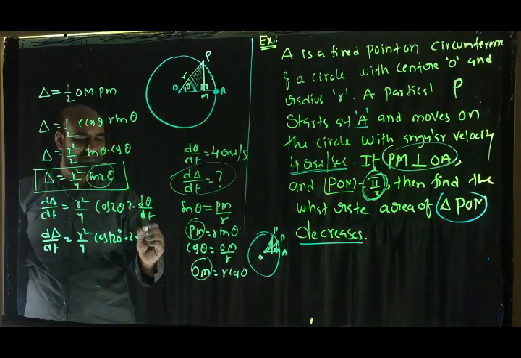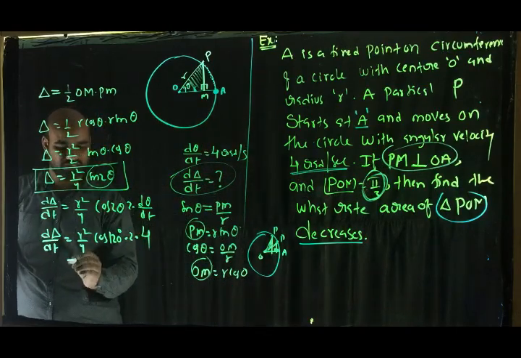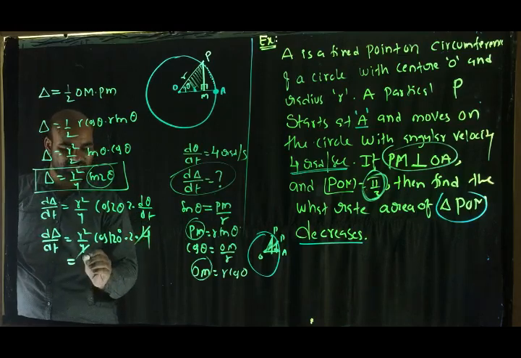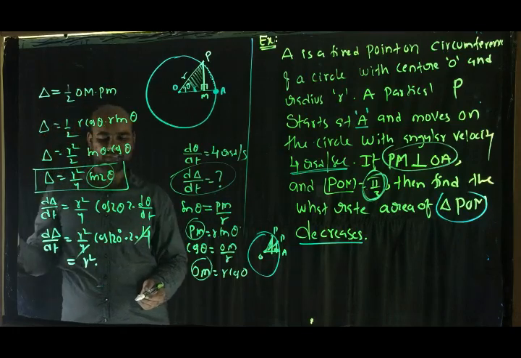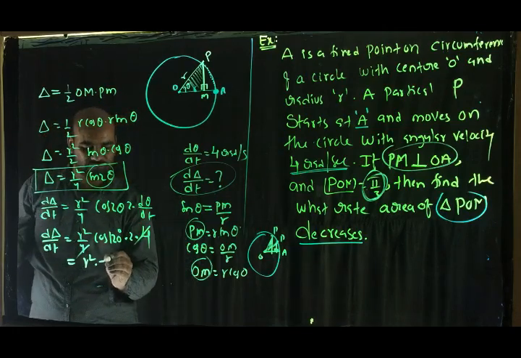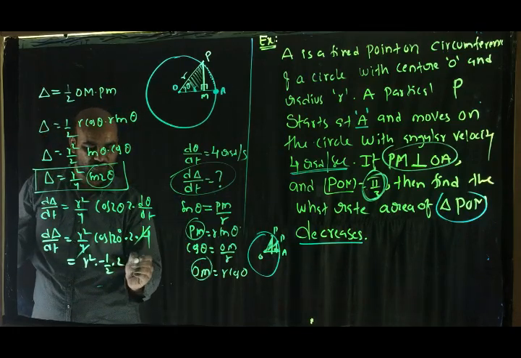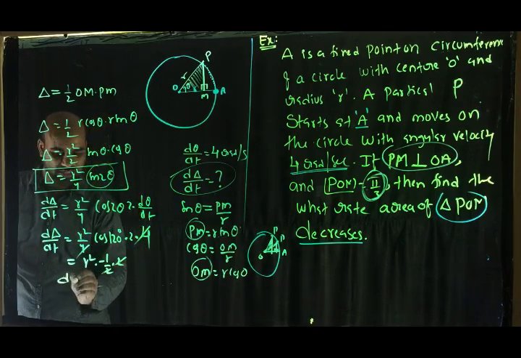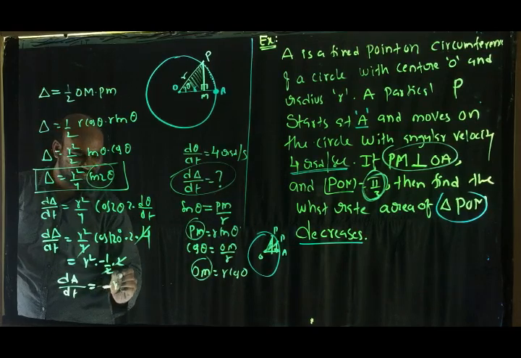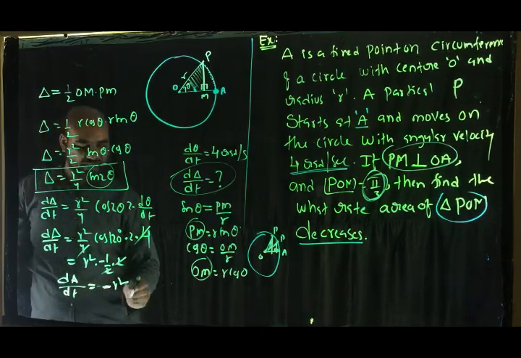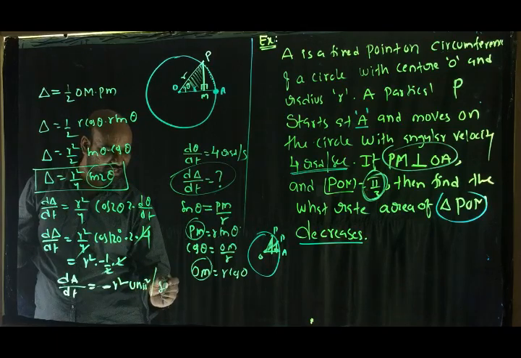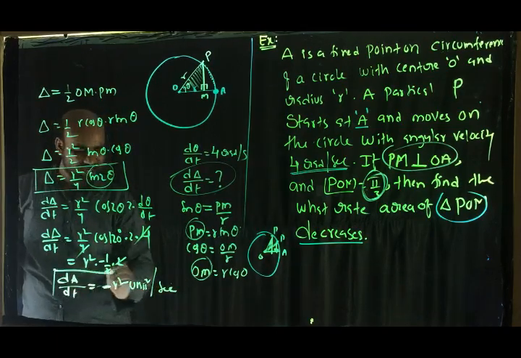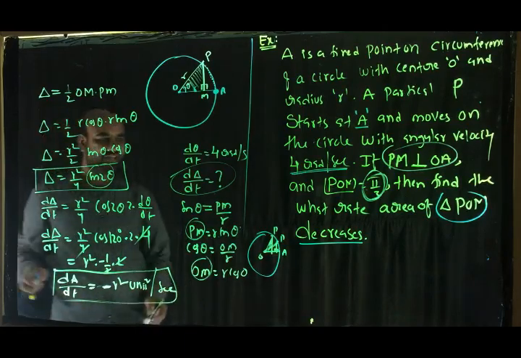That 4 gets cancelled. R square into cos 120, which is cos of 90 plus 30, equals minus sin 30, minus half. The 2 also gets cancelled. dA by dt I got is minus r square. So what can I say? Minus r square unit square per second. At this rate, the area of the triangle is decreasing.